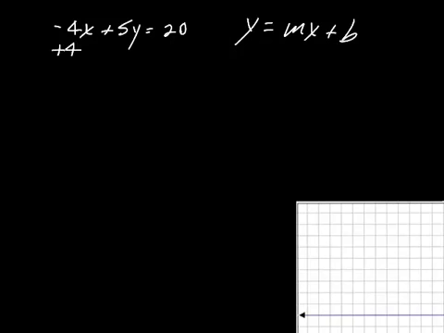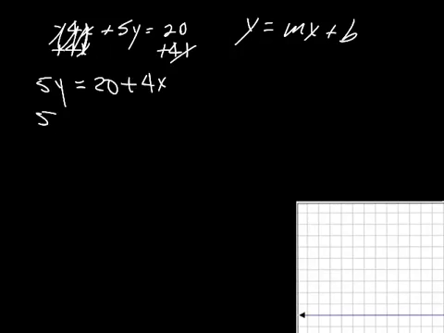So we're going to add 4x to both sides, and those will go away. So now we have 5y equals 20 plus 4x, and let's switch that around. 4x always goes first.